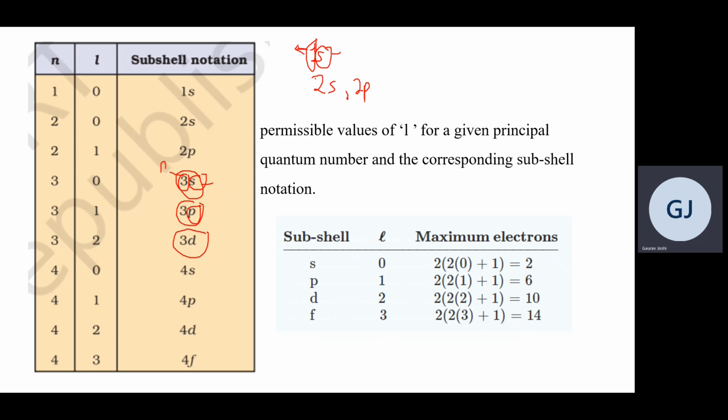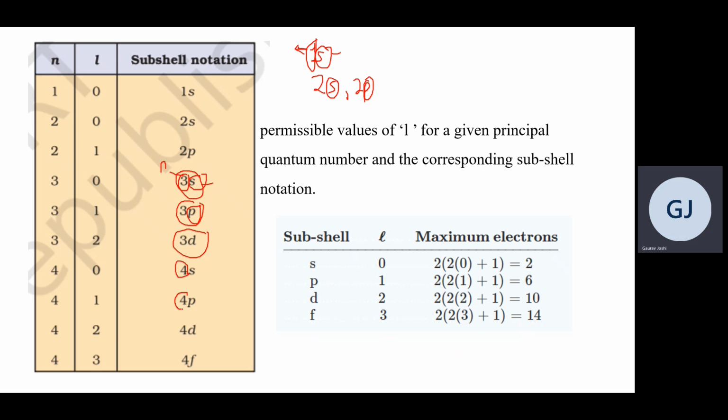So in the principal number 2, we have two subcells, 2s and 2p. The 2 is common. When we go to the principal quantum number 3, we have three subcells, 3s, 3p, and 3d. When we go to 4, we have four subcells, 4s, 4p, 4d, and 4f. So 4 is common.